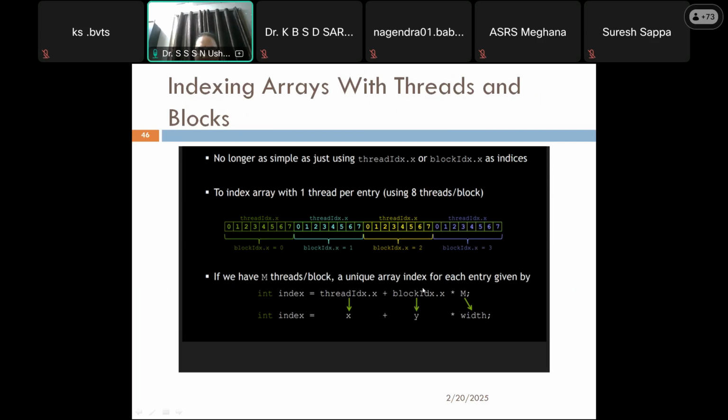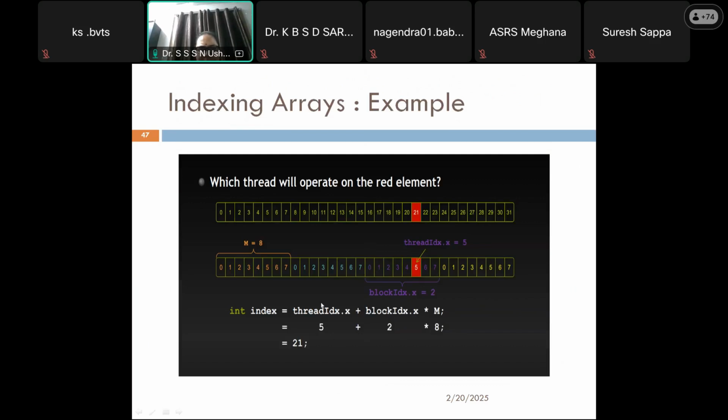See here, this is a predefined thing in a CUDA program to get the block ID: threadIdx.x plus blockIdx.x into m, where m is the width. What's the width here? Pointing at this one, the thread ID is 5 (0, 1, 2, 3, 4, 5) and the block ID is 2.